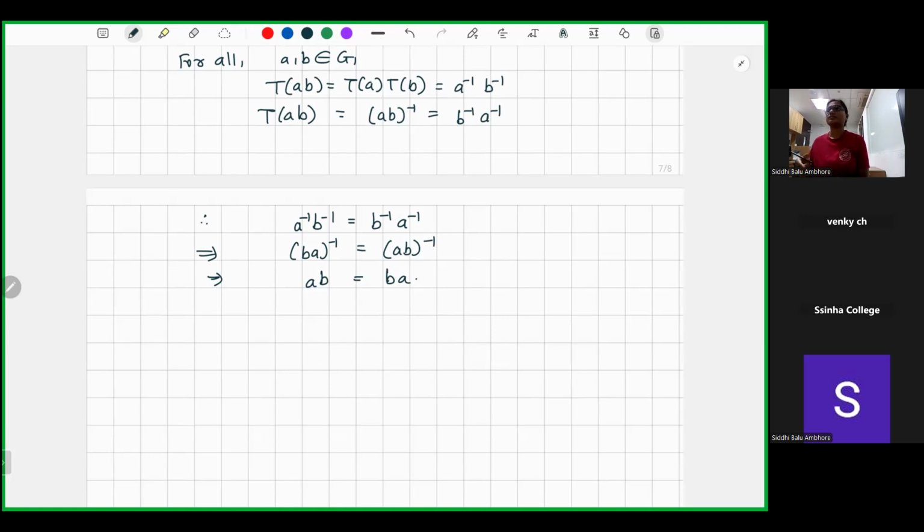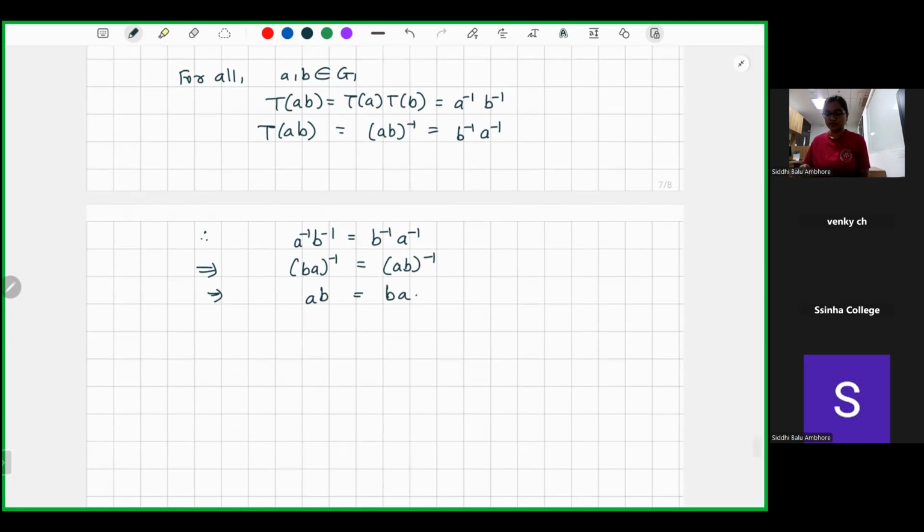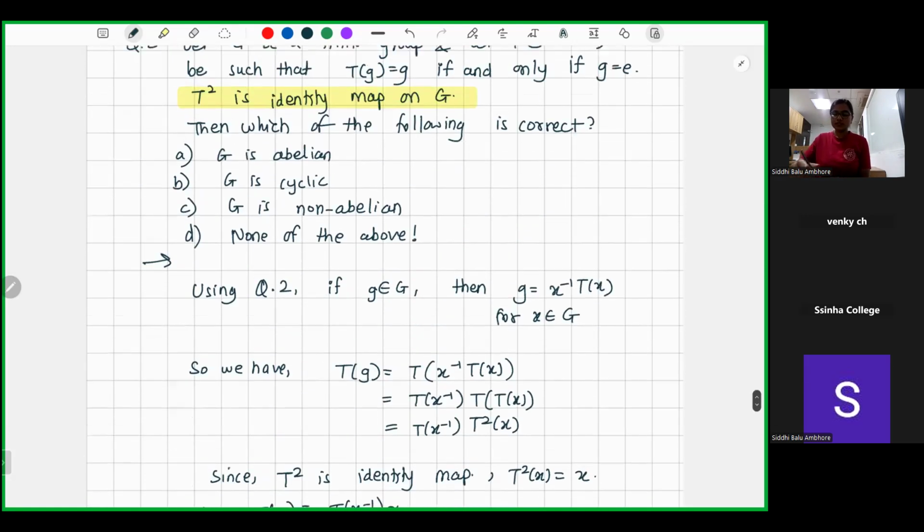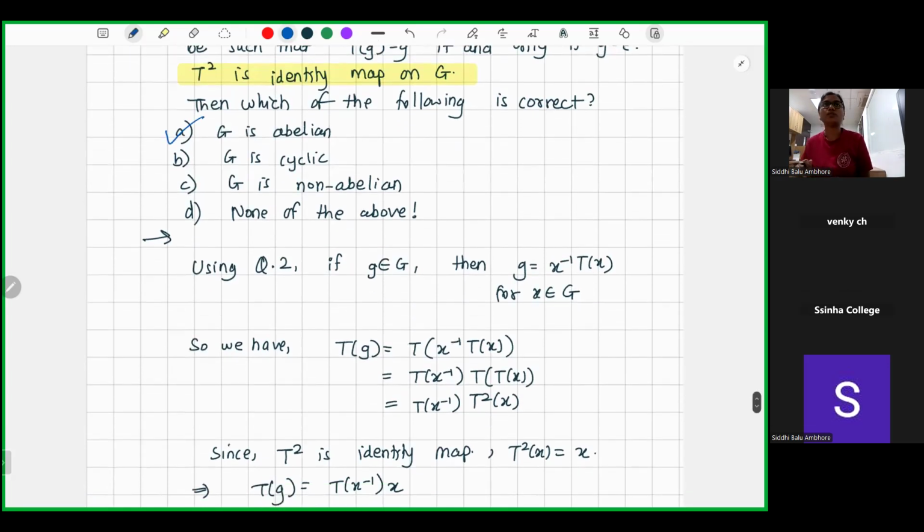Any doubts here? So from this, we obtained that G is an abelian group. Okay? So this one is anyway false.